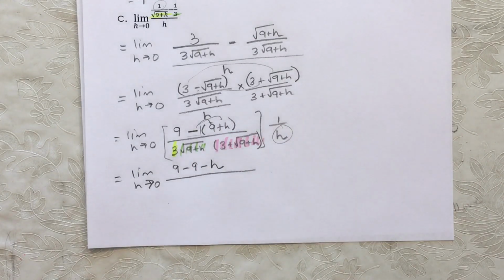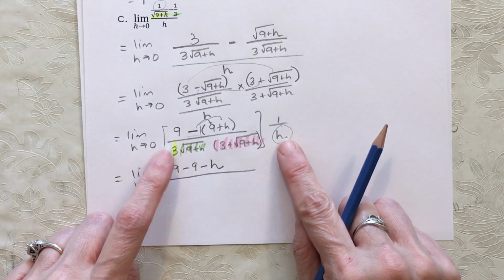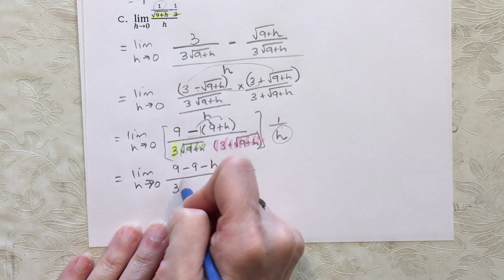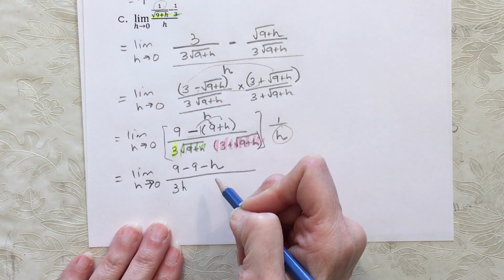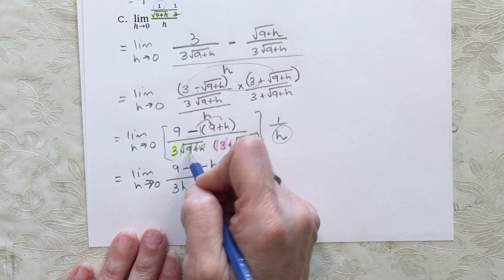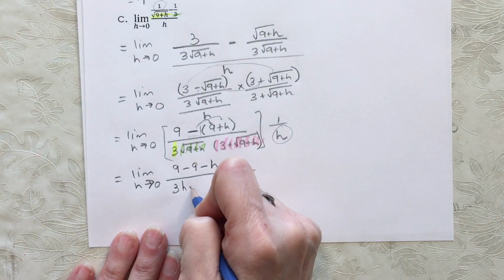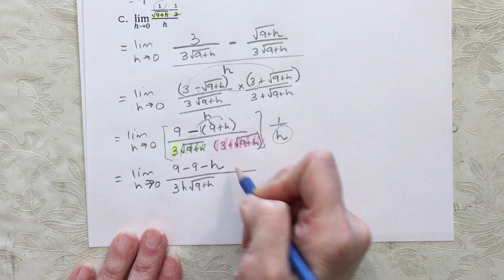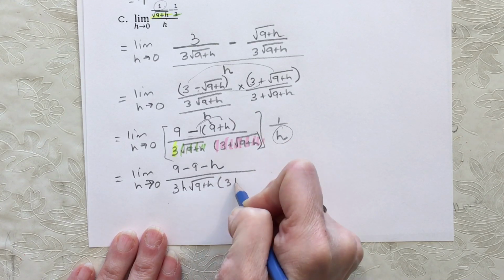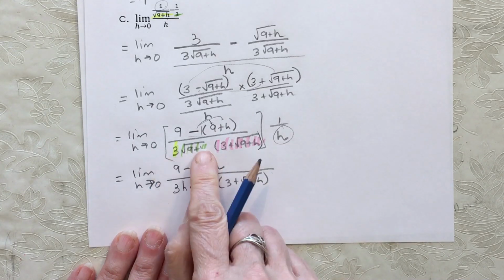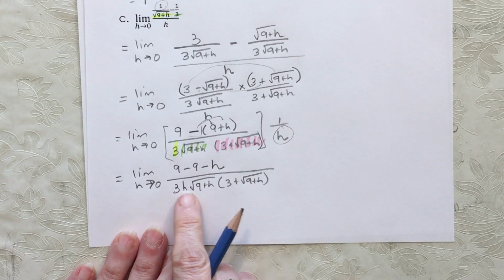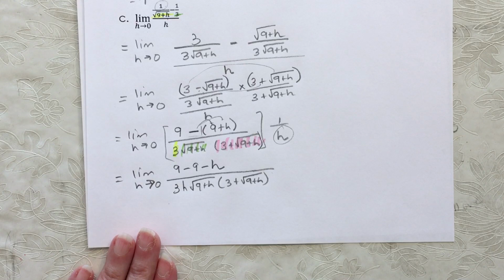So I've really got 4 things all multiplying together. I can combine the 3 times h and get 3h, put it out front, and that's my problematic h that I want to hopefully divide out. And then I've got the green one, root of 9 plus h, and then the pink one, 3 plus root of 9 plus h. So again, 4 things multiplying together.